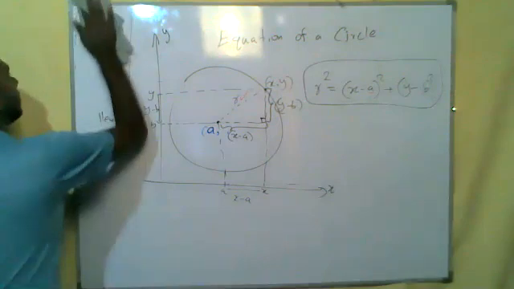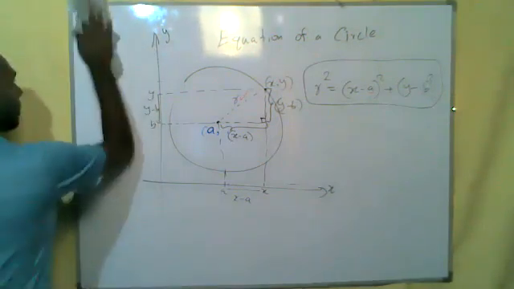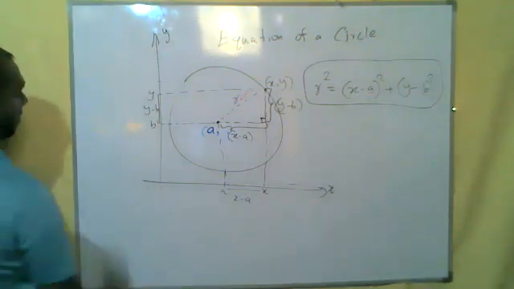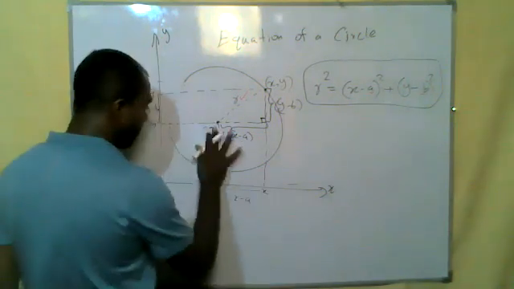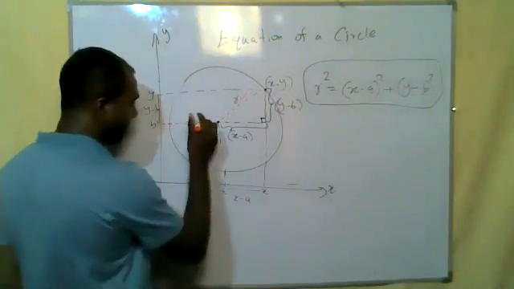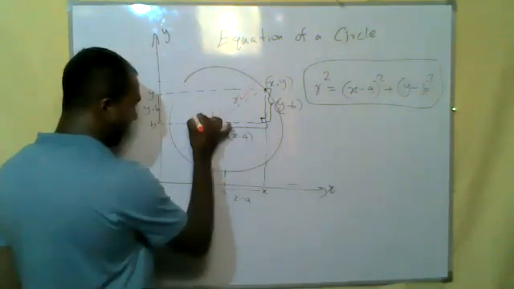Note it yourself. You have to understand what is this a and b. Those are the center of the circle. What is r?